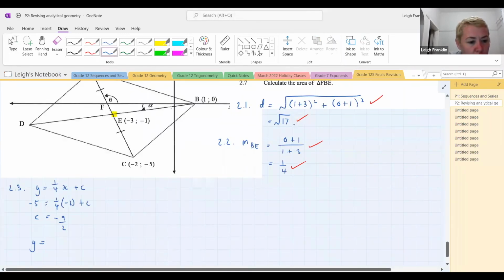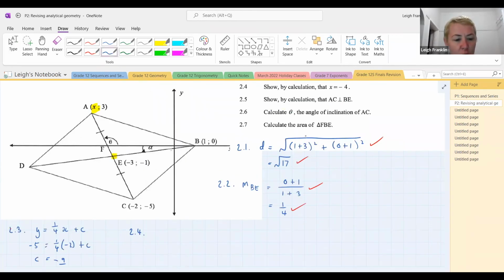Okay, so our previous answer, quite right. And then in 2.4, we would have used midpoint formula as Kanyisile had suggested. So we would have said that x minus 2, because we're using this point over here, over 2 is equal to the x coordinate at the midpoint, which is -3.